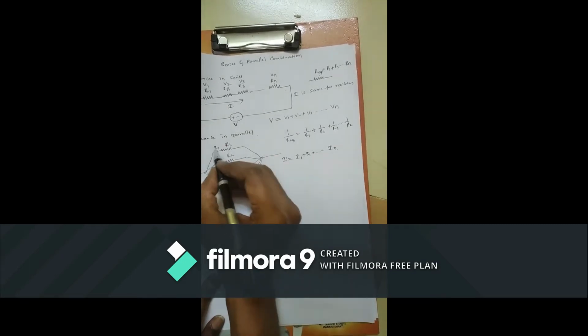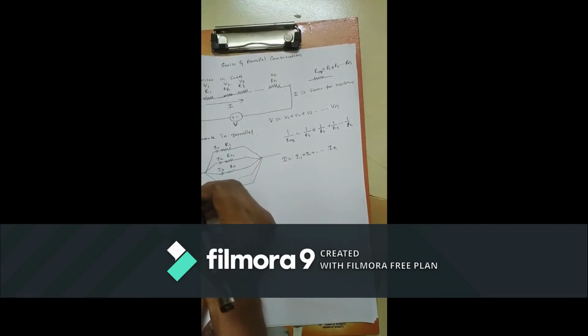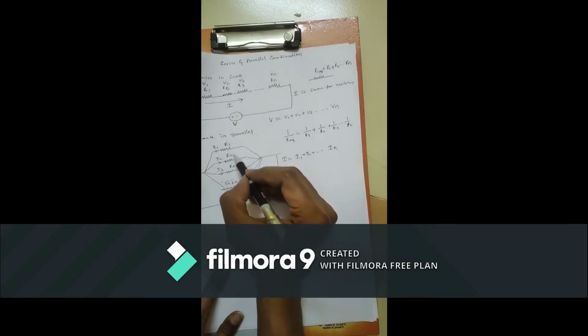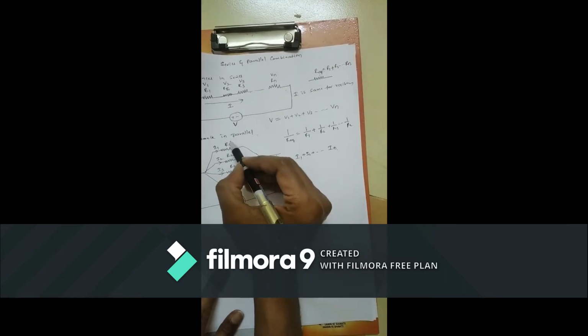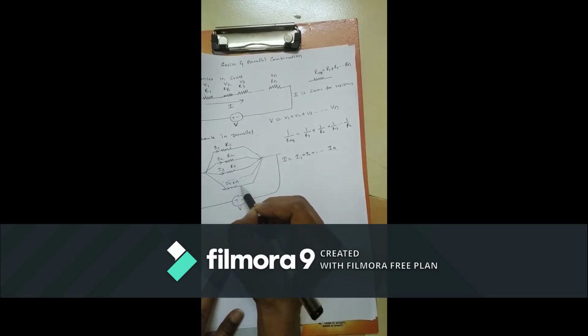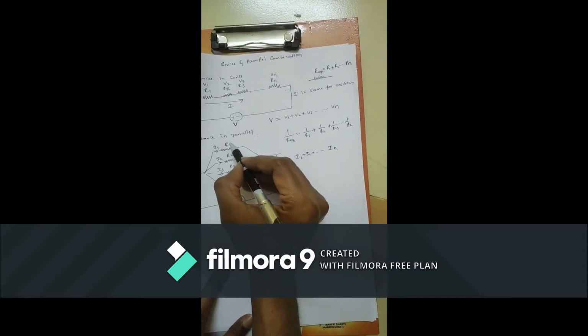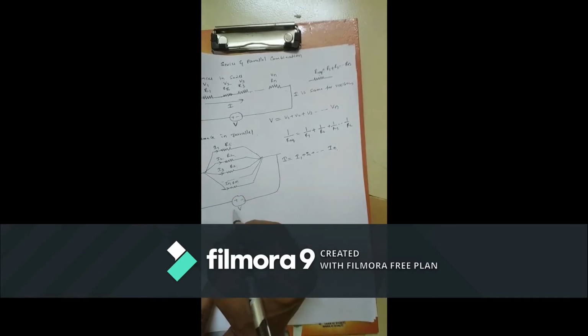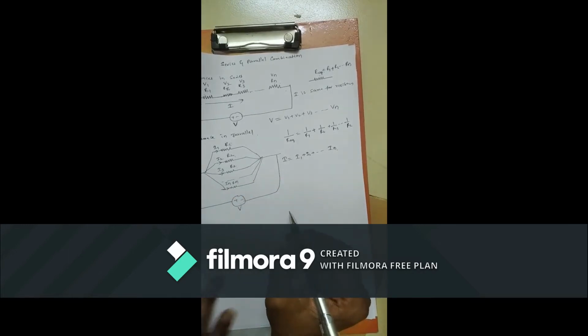One more important thing: for this parallel combination, if I apply voltage V, the applied voltage appears across all the resistances. The voltage across R1, R2 and R3 is the same as the applied voltage.